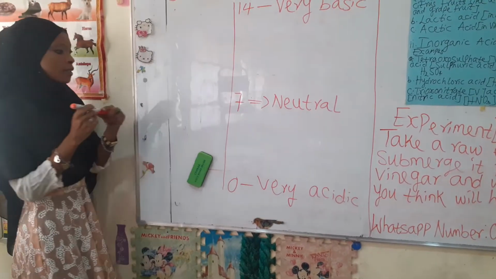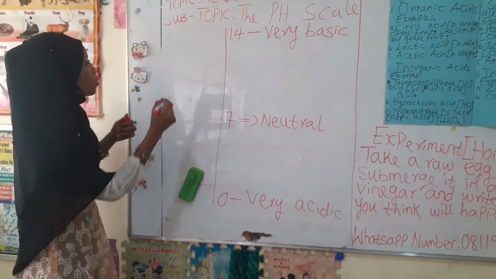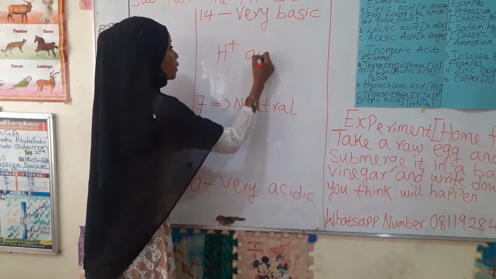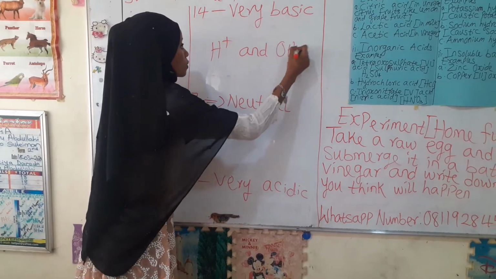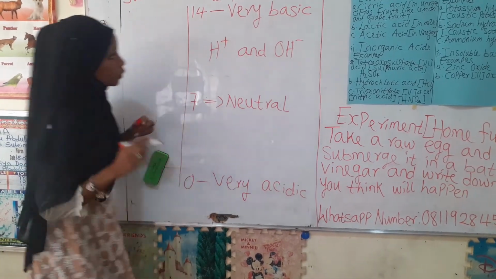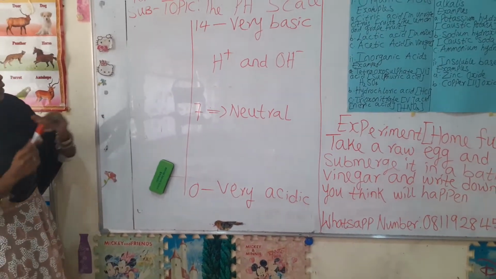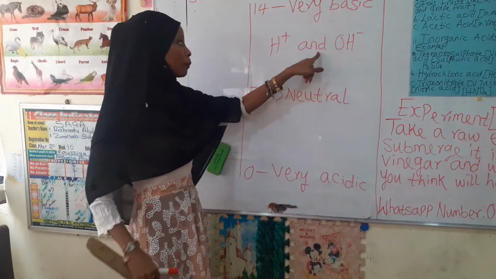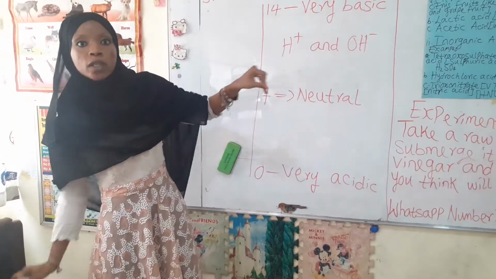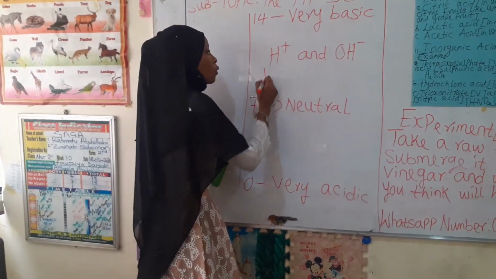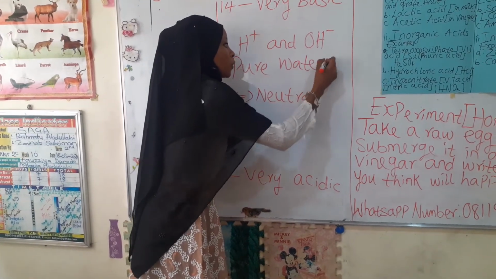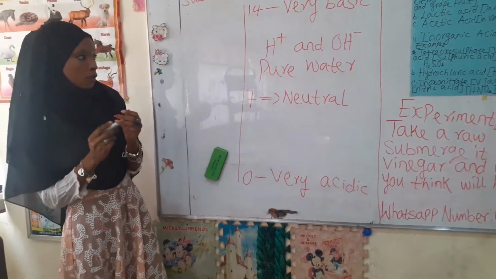It's neutral in the sense that it contains equal amounts of hydrogen and hydroxide ions. I hope you're not getting confused here. This is hydrogen ions for acids, hydroxide ions for bases. A neutral substance is pure water. Any water that is pure is a neutral substance.